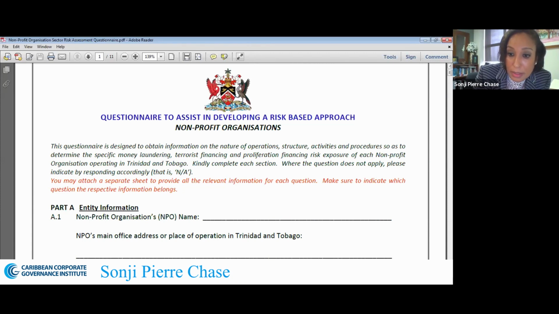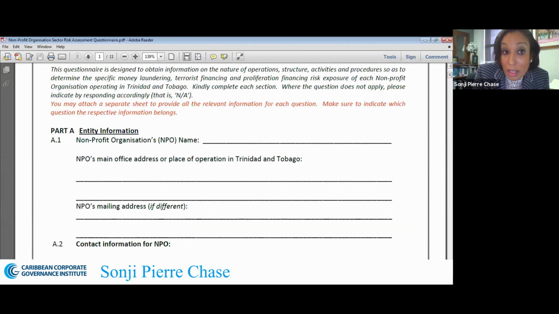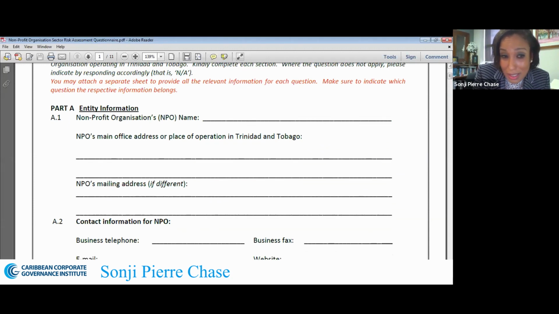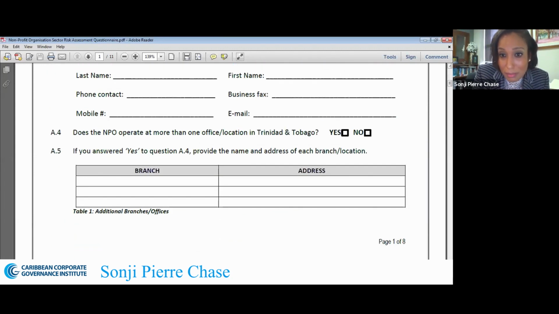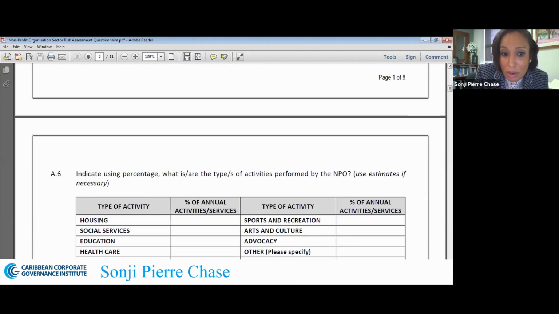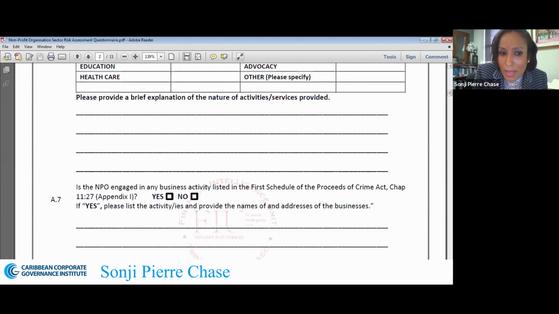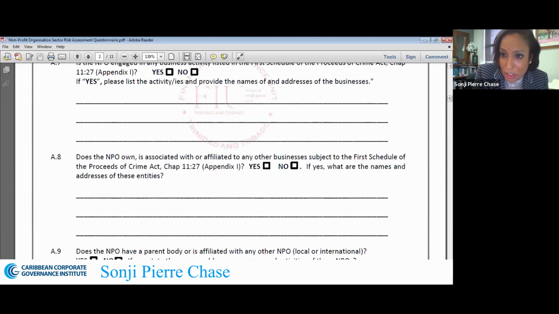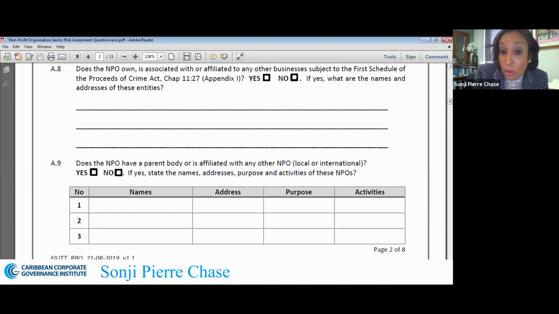Usually it's a long form, about 10 pages. So it's a lot of things they ask you. There is a lot of information you have to provide, a bit of background and explanation on the work that you do and who your contributors are, because that's where the risk is. It's not what you do.